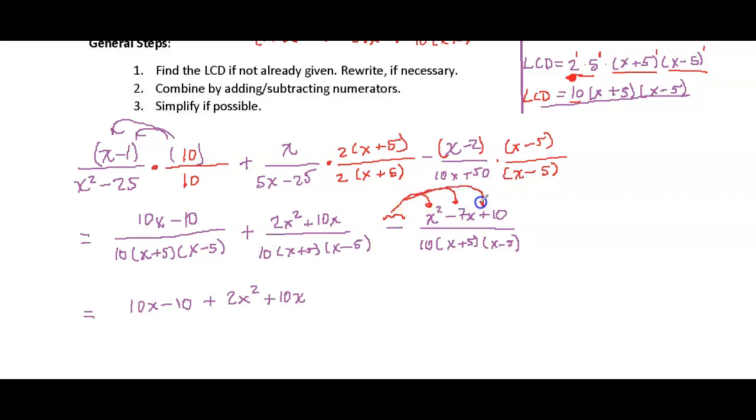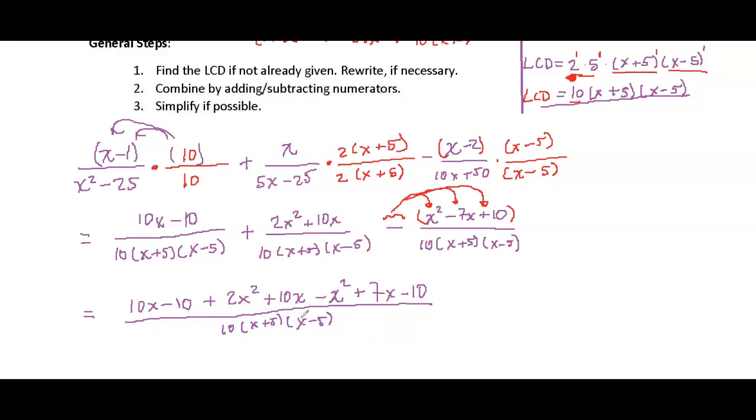Remember, we are essentially subtracting the polynomial x squared minus 7x plus 10. And when we subtract polynomials, we distribute that minus sign, then combine any like terms along the way. So that becomes minus x squared plus 7x minus 10. And once again, that was all over the LCD of 10 times x plus 5 times x minus 5.